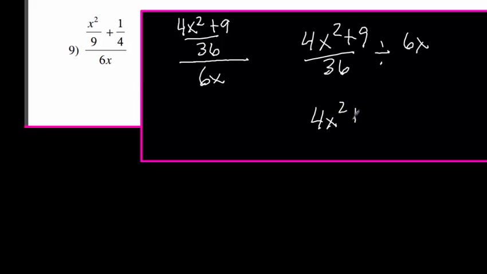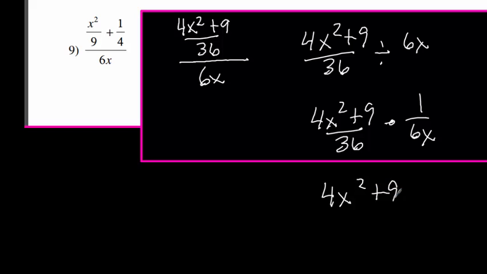So I got 4x squared plus 9 over 36 times 1 over 6x. So what is that going to end up giving me? That would give me 4x squared plus 9 all over 216x, and that would be our simplified answer there. So we are done with that problem.